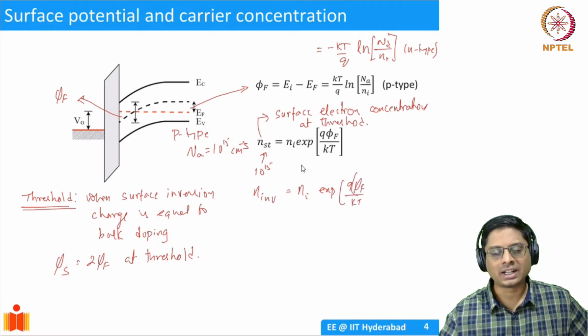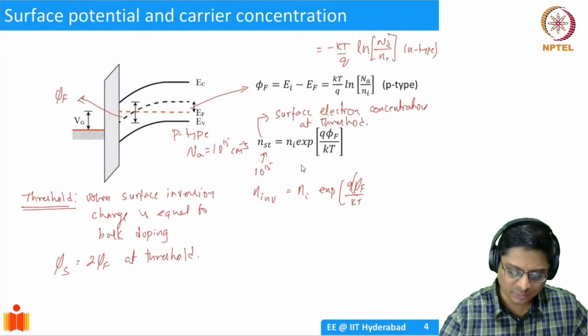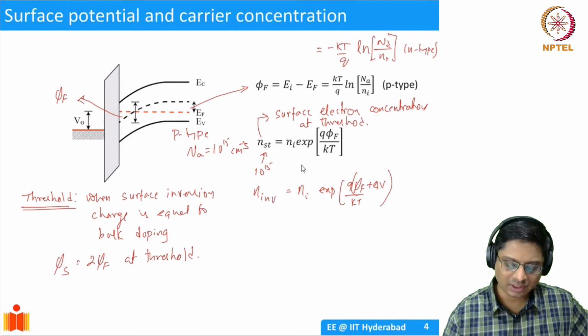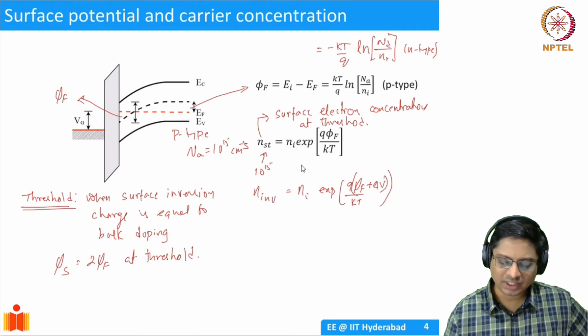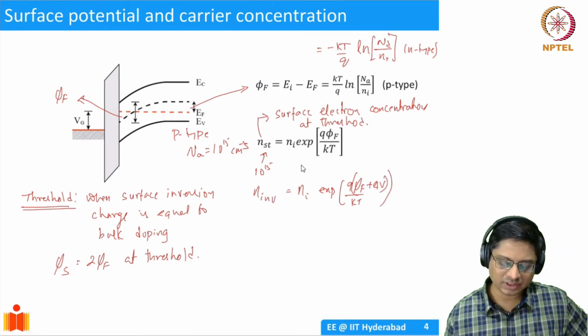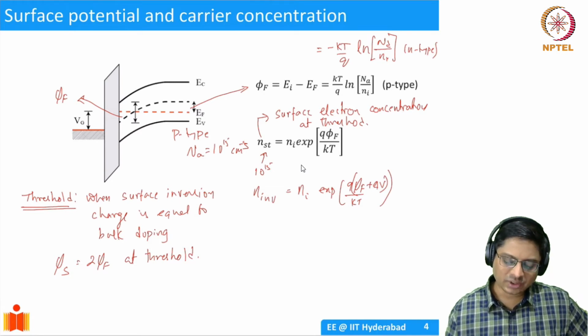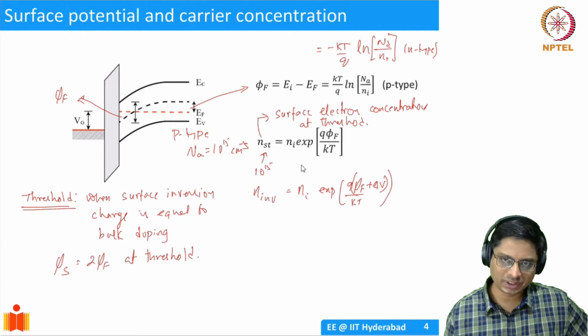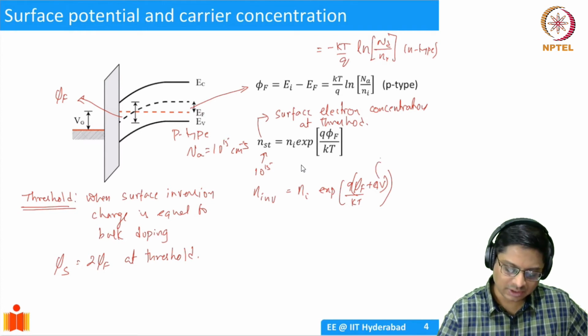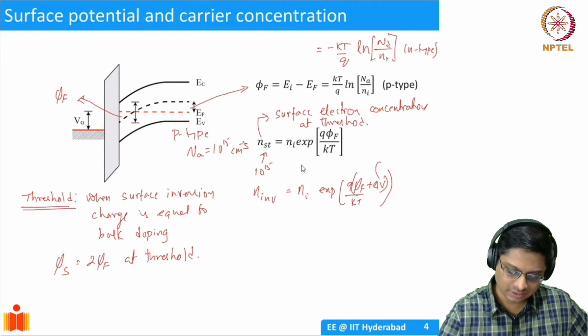Instead, I'll apply an additional potential which will move my Fermi energy a little bit more. Let's say that it is moving by delta V. Okay, I'll apply that much extra potential on the gate, so that phi f moves. If that moves, your carrier concentration is going to increase exponentially, right?